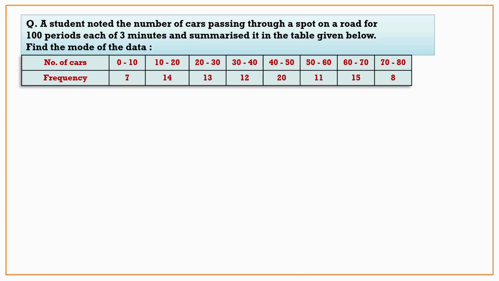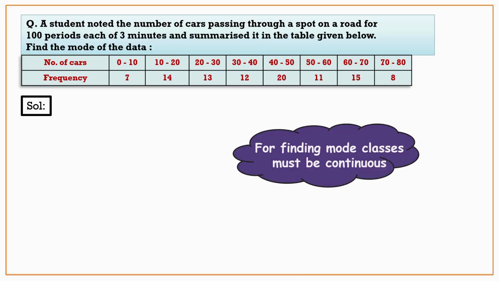So the student has recorded this data, and if we take a group distribution, this is the number of cars and the frequency is given. So now we need to find the mode of it. For finding the mode, classes must be continuous. So that is the main criteria. Okay. So let's first check whether the class interval is continuous or not.